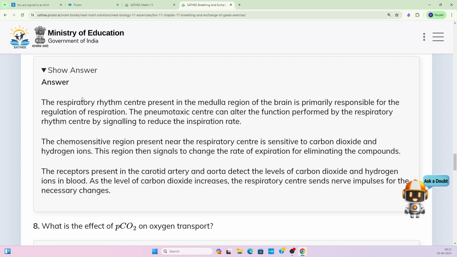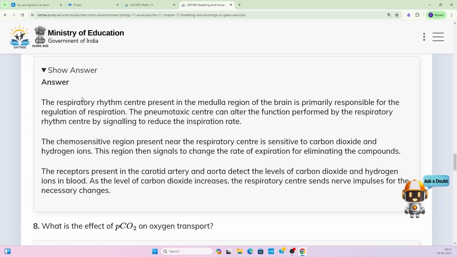Now, there is a chemosensitive region present near the respiratory center, which is sensitive to carbon dioxide and hydrogen ion. So these 2 points are very, very important.